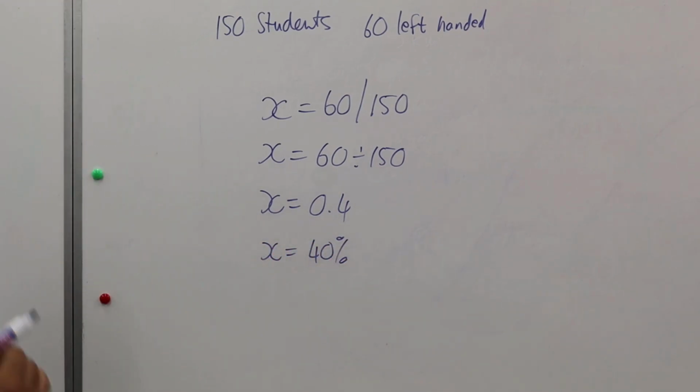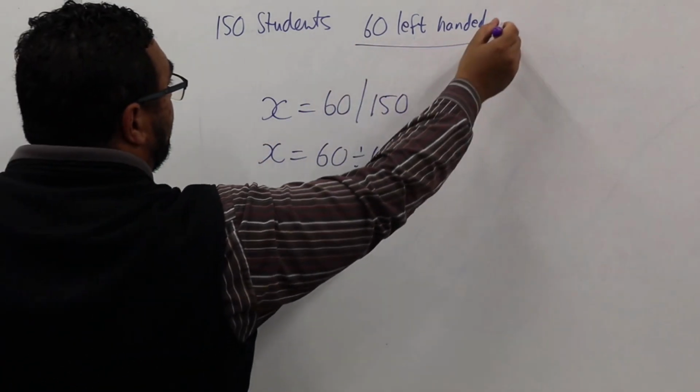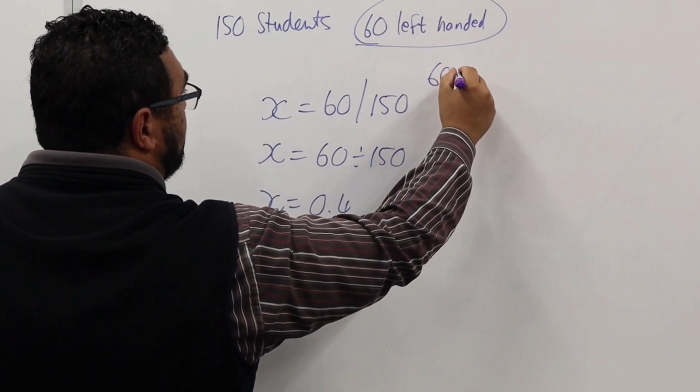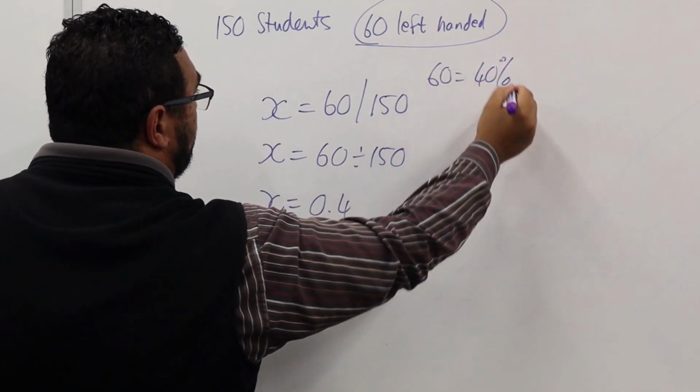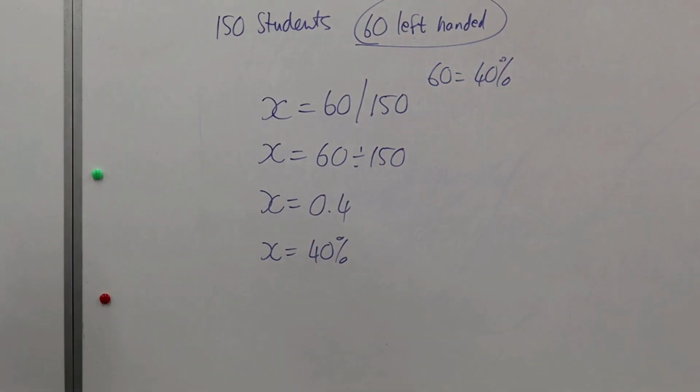So basically, 40% of the students, the 60 out of the 150 students, are left-handed.